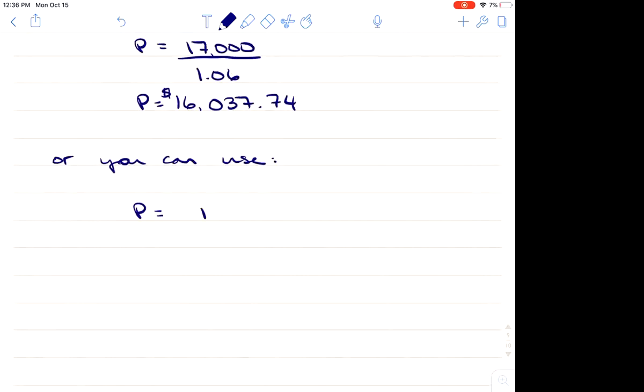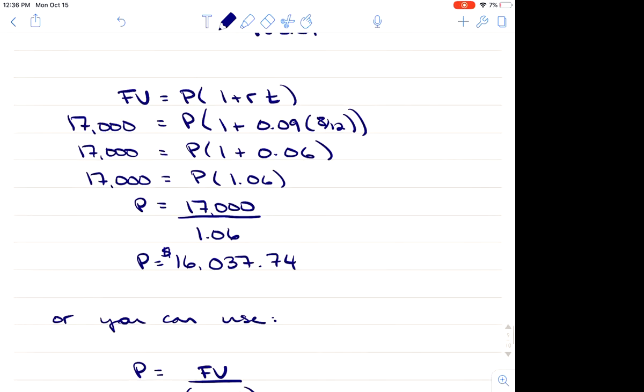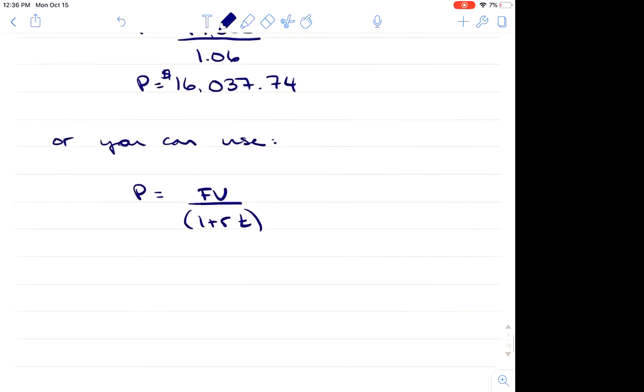So then the future value divided by 1 plus R times T. How much work do you want us to show and solve that? Like solving for P equals F. Well, in this case, it would just be FV equals P times 1 plus RT. Yeah, that's totally fine. So either way, pretty easy.